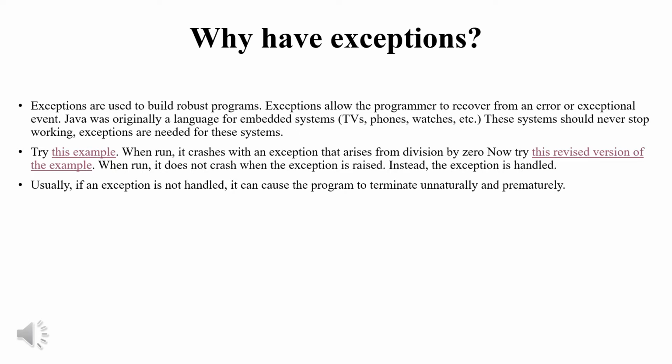We saw that we have some built-in exceptions, like ClassNotFoundException when, in our program, we call a class that doesn't exist. So this type of exception happens and our program can handle it well. And I told you that we also can create other types of exceptions that are not built in.